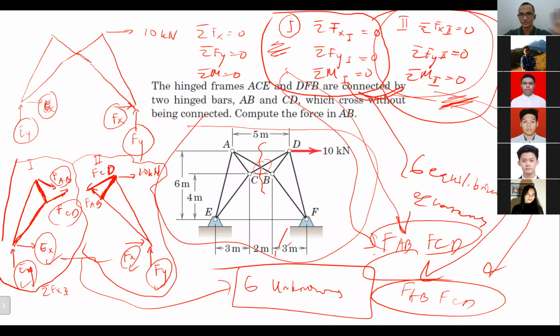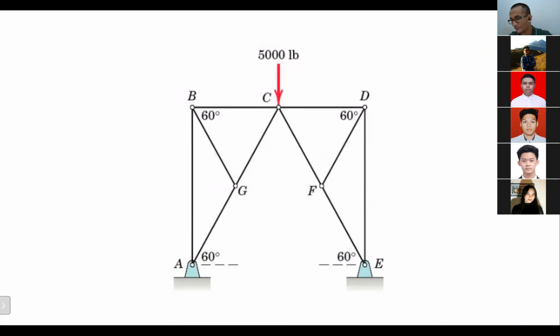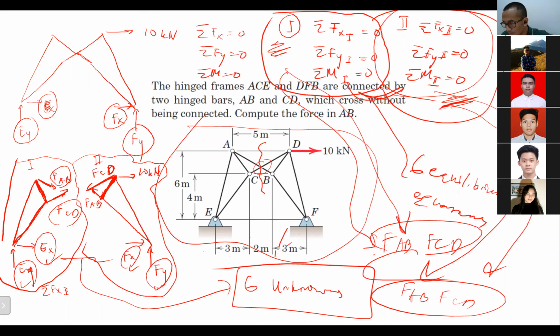Then you get one equation from the first set and one equation from the second set, which only consist of FAB and FCD. Then you can solve for it. Two equations, two unknowns. Yes, that's the step. Actually, it will be hard if you don't try it by yourself. Okay, Azad, try it first. The thing that you have to do after this is to try to solve this problem.